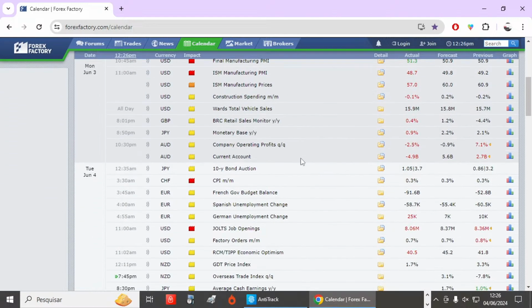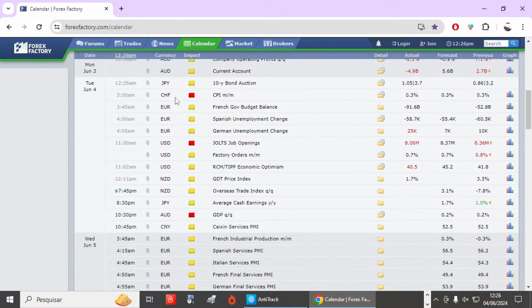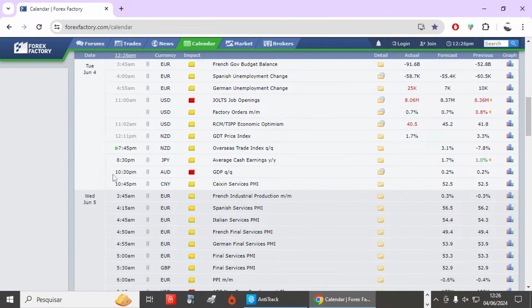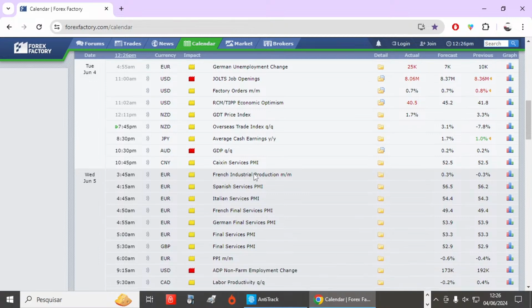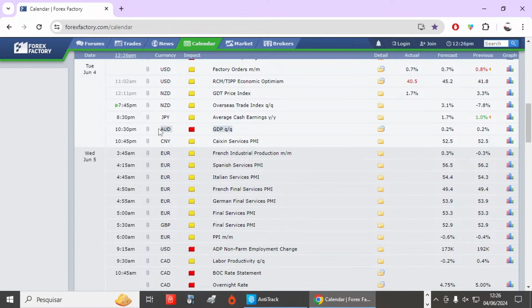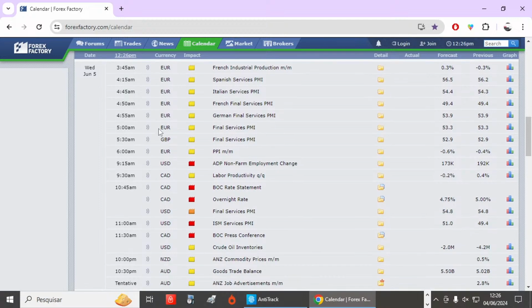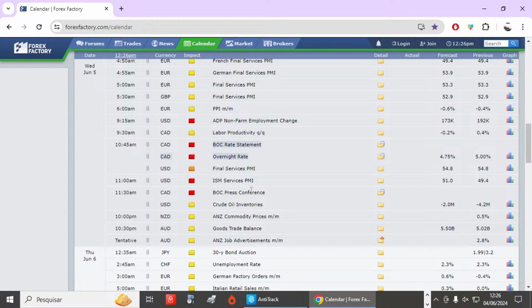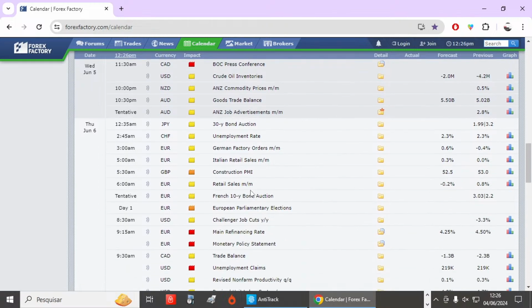Monday was yesterday, so today it was the CHF, and now we have 10:30, this is Brazilian time, 10:30 p.m. we have the AUD. This is going to affect the AUD pairs. Tomorrow we have Canada, which is going to affect the Canadian pairs.